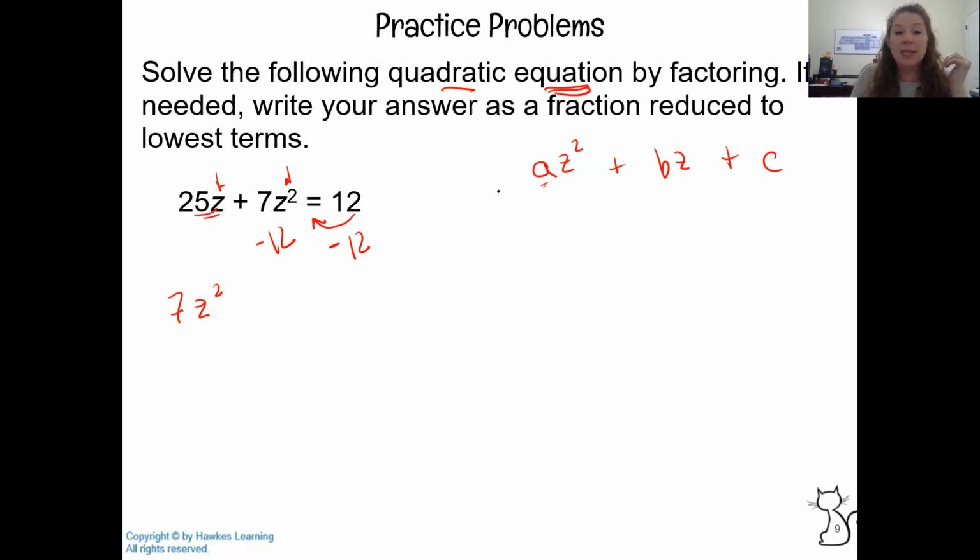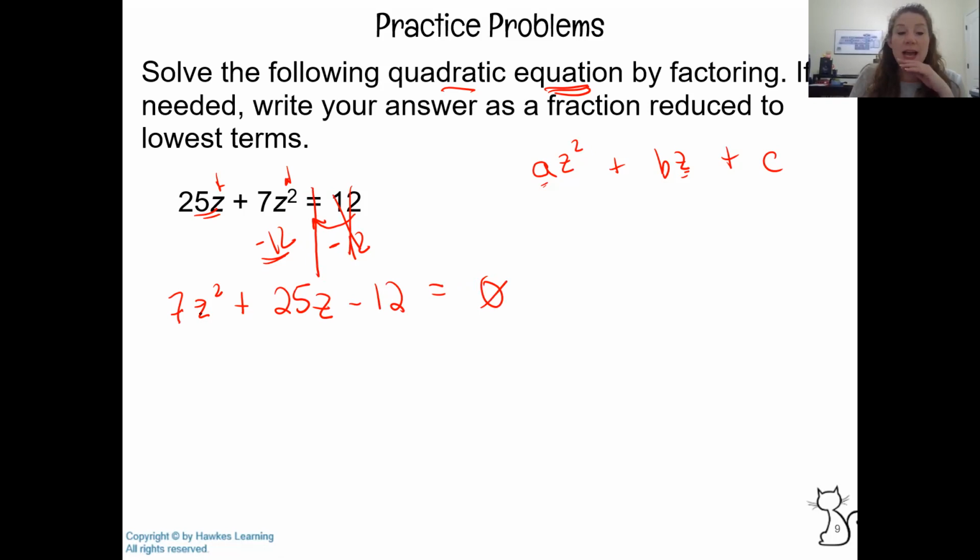I want my b, which is the variable by itself, second, and that's a positive 25z. And then my c, since I'm subtracting and my c is a constant without a variable, it's going to go last. And now since I canceled out this 12, I know that it equals 0.